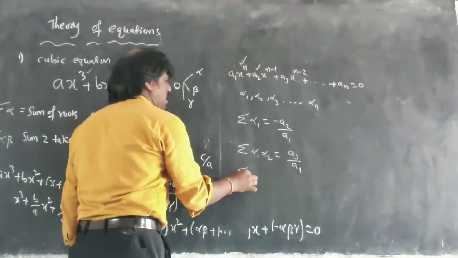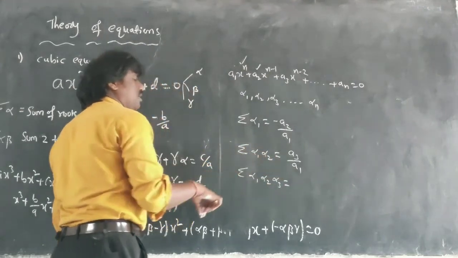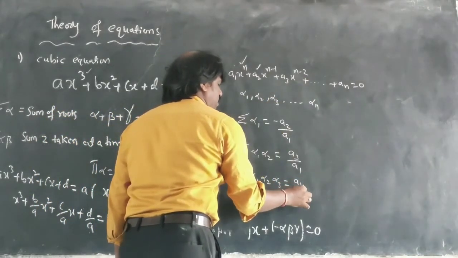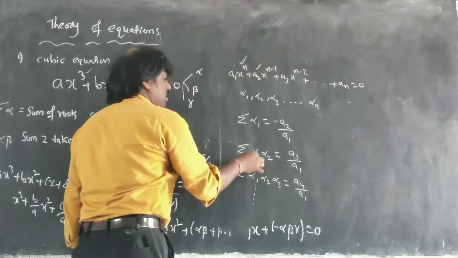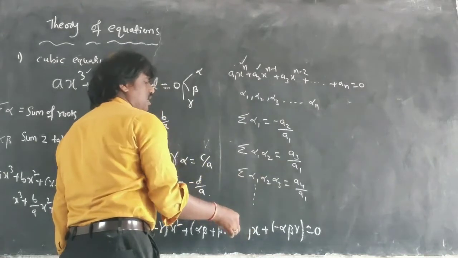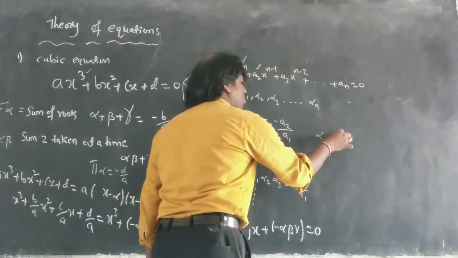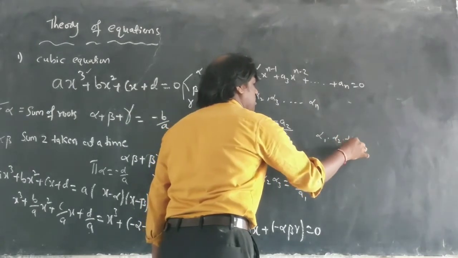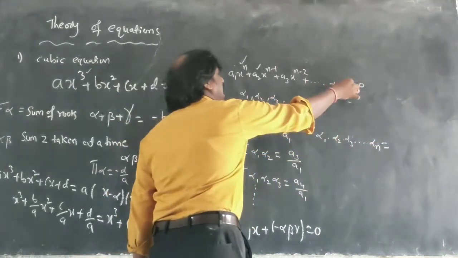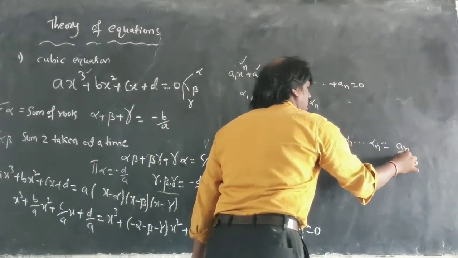Then sigma alpha 1 alpha 2 alpha 3, what will I get that time? a4 by a1, with the sign alternating. Likewise I will get, and finally what will I get? Alpha 1 into alpha 2 into alpha 3 and so on, the product of the roots, is equal to an by a1, with the appropriate sign.